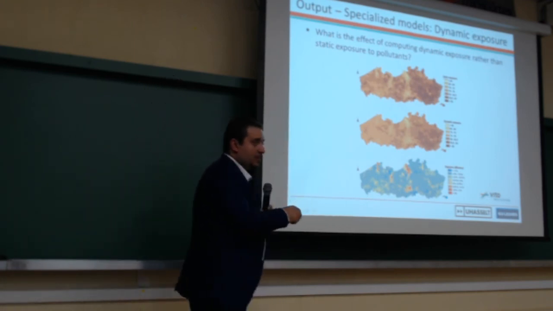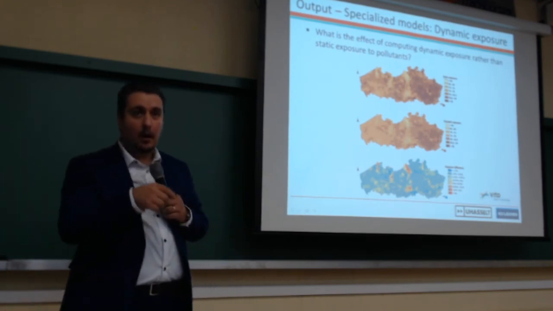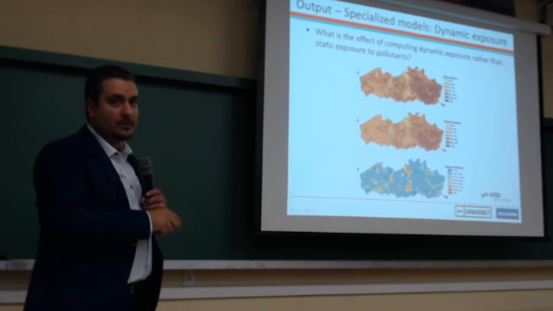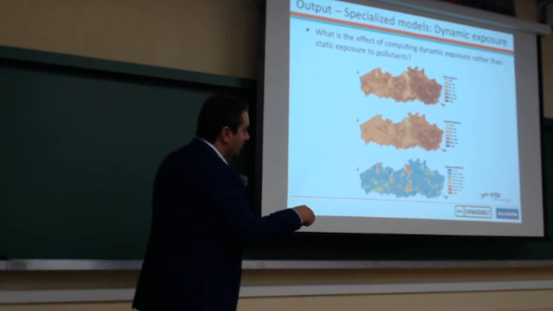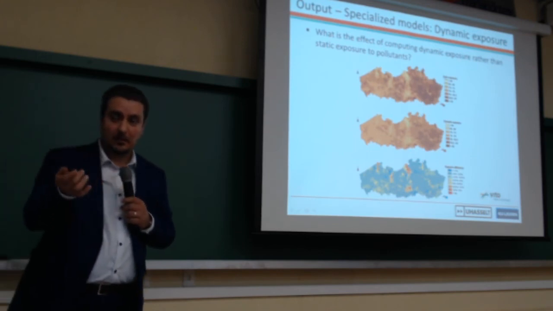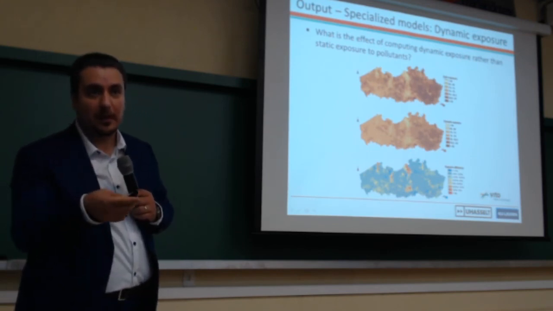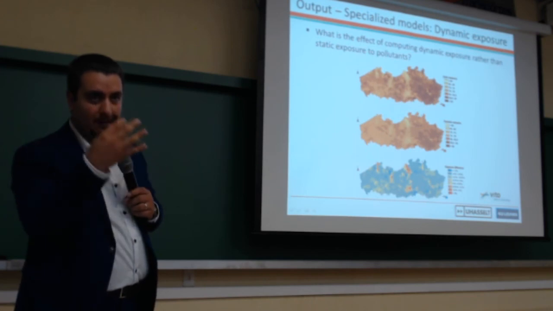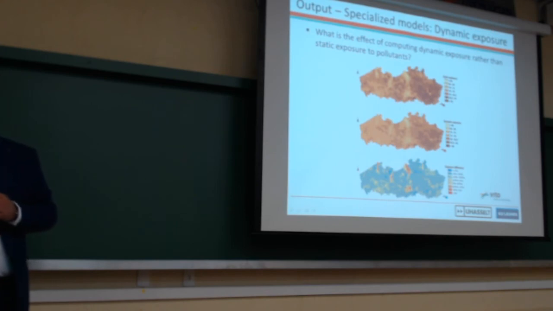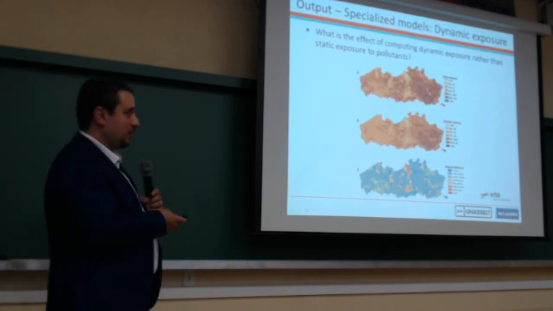What is important for us is that if we take the static exposure, we are going to underestimate our exposure to pollutants in big cities, where we have the most problems. This only becomes possible when you have the opportunity to have that exposure dynamically assigned to your network.